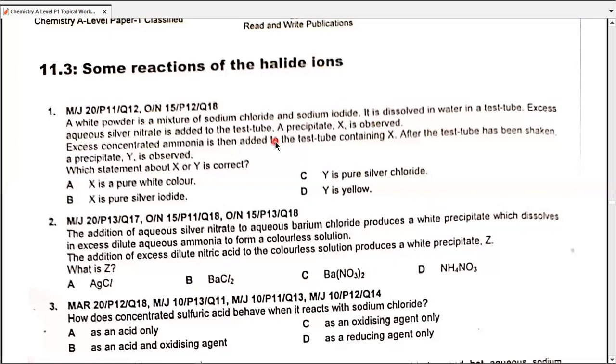Excess concentrated ammonia is then added to the testing. After the test tube has been shaken, precipitate is observed.